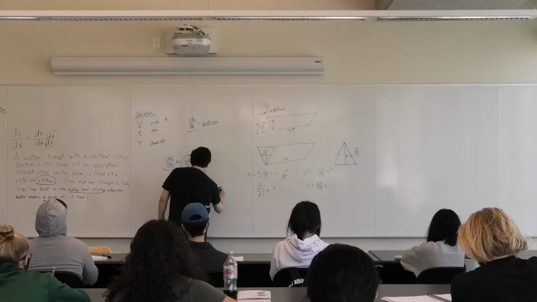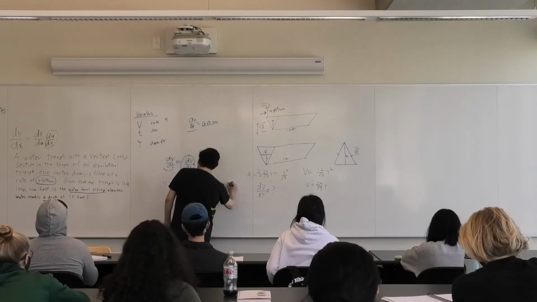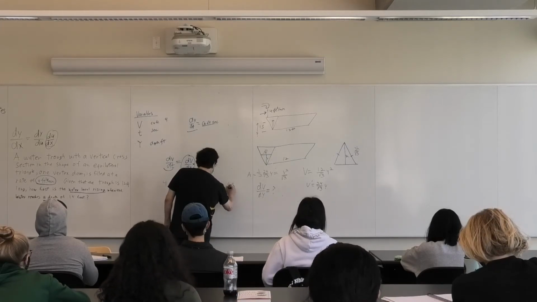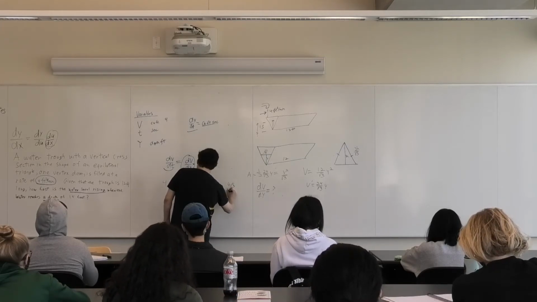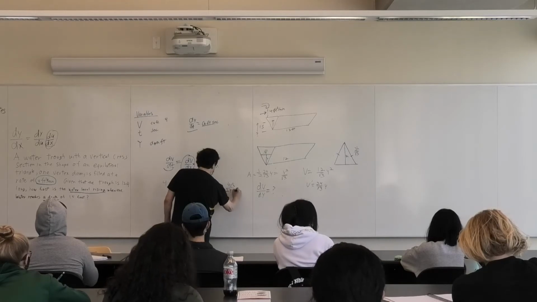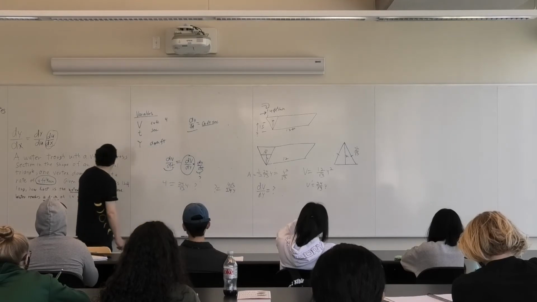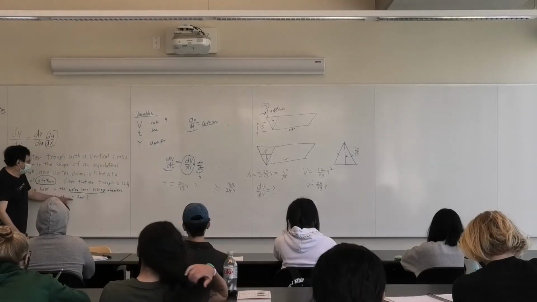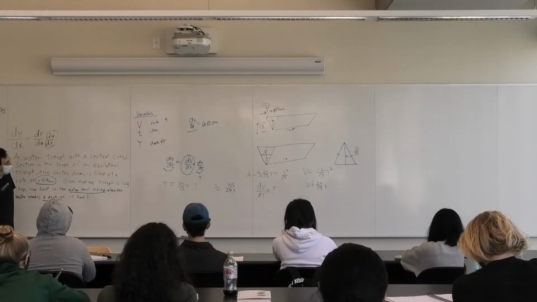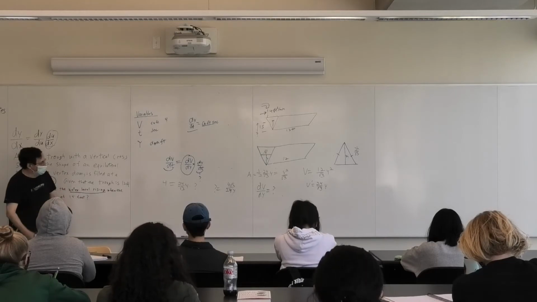Or our unknown is 4 times the square root of 3 over 24 divided by y, where y is what? The level at 1.5 feet. So we can just plug in 1.5.